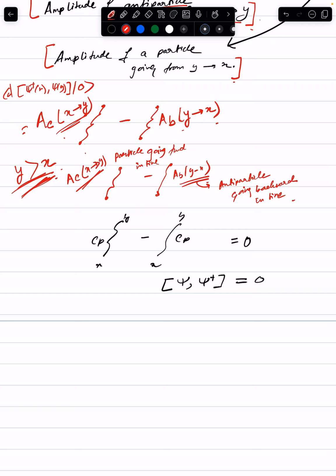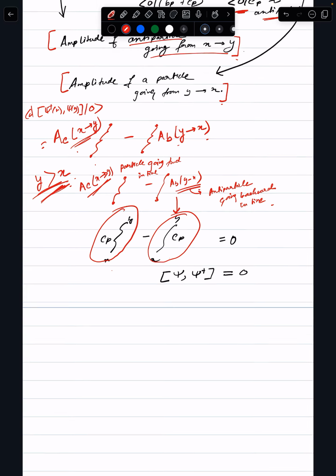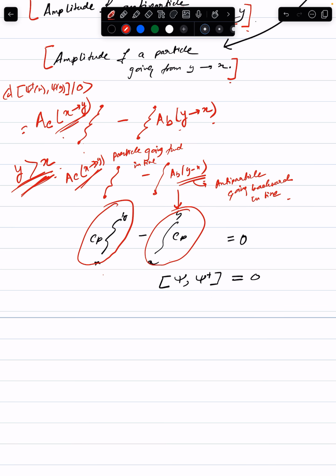So now under time reversal, this is the amplitude of a particle going forward in time from x to y. So we have a particle going forward in time x to y minus a particle going forward in time x to y, and this gives 0. So this commutation relation, the causality, comes from a delicate cancellation between contributions of the particle and the antiparticle. The particle going forward in time and the antiparticle going backward in time being related to each other results in this nice cancellation. Okay, so I will stop here.